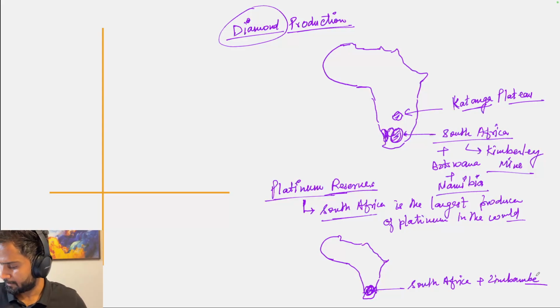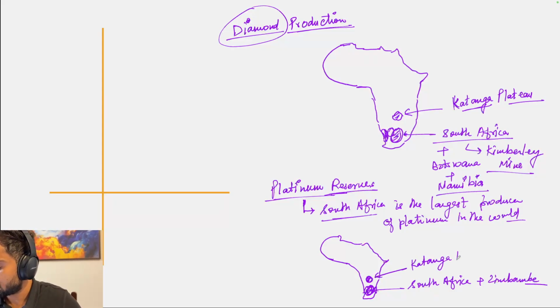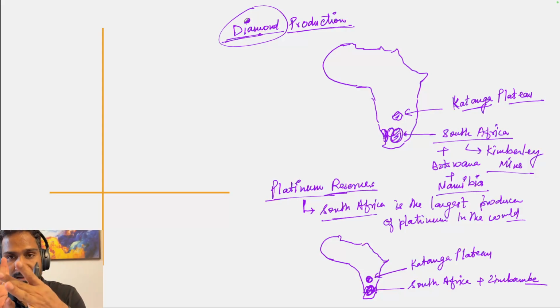Okay, then with respect to platinum, I told you right away only that the Katanga Plateau, I told you it is rich in gold, platinum, copper, and cobalt. Anyway, not gold, actually, diamond is present there. Not gold, I'm sorry. The Katanga Plateau is rich in diamond, platinum, copper, and cobalt.